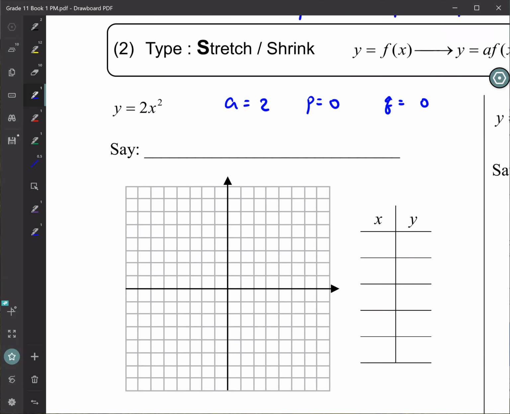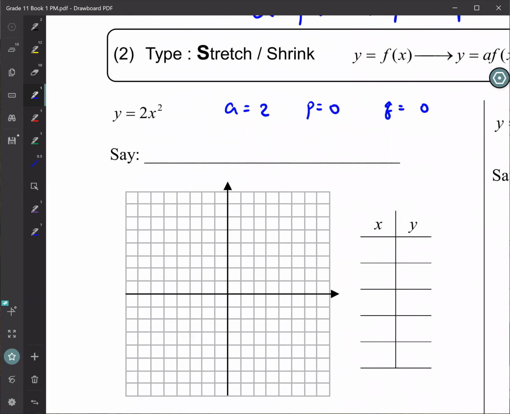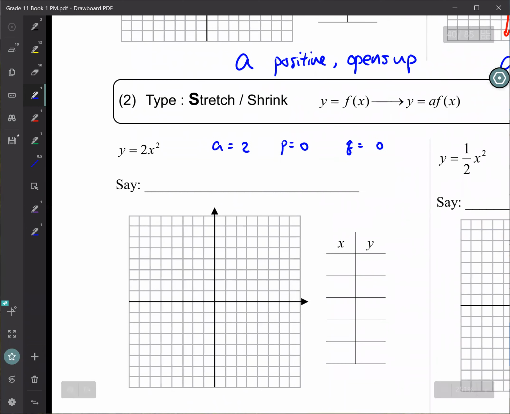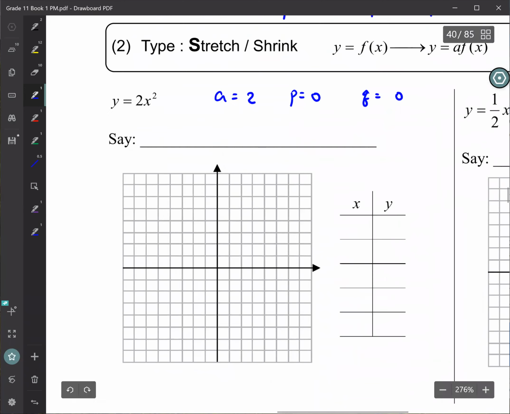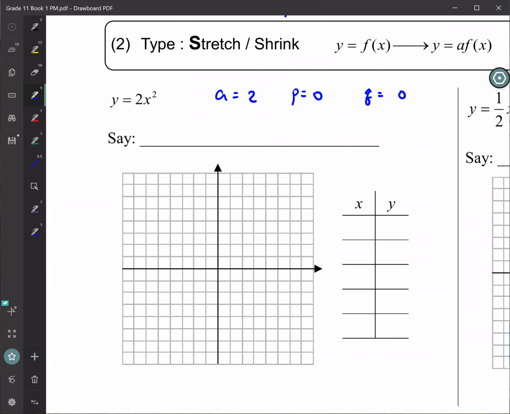But before we begin, we know this A is positive, and positive will open up, so we already know this graph will open up. We'll use the same points, -2, -1, 0, 1, 2. Since it's the same drill, I'll let you complete the table and the graph.